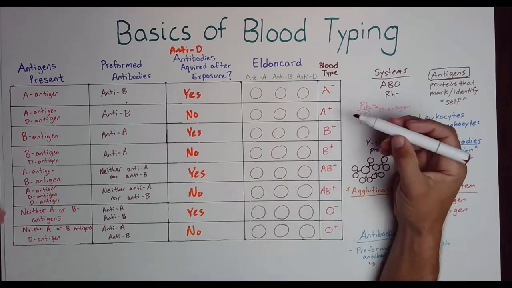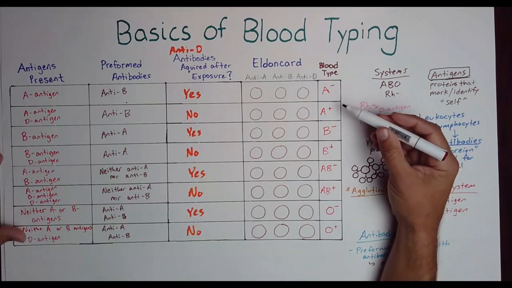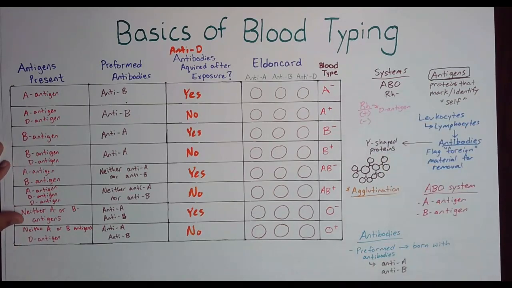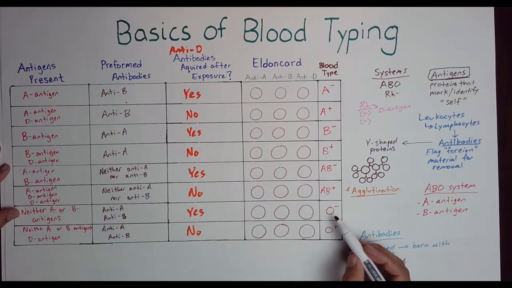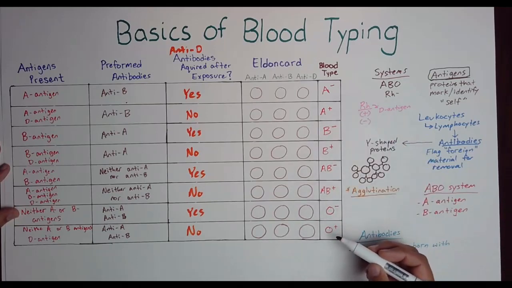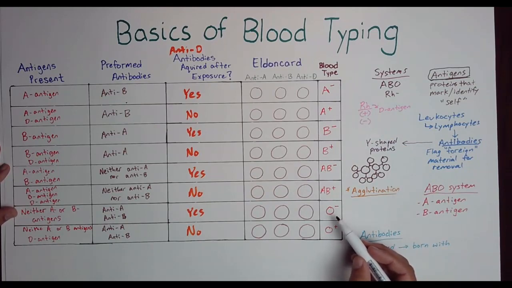So when we look at universal donors and universal acceptors, these might be terms you've heard before. There's only one universal donor, and that means there's a blood type that somebody has, and they could donate to any of the other blood types. What blood type is that? It's the blood type that does not have any antigens in it.